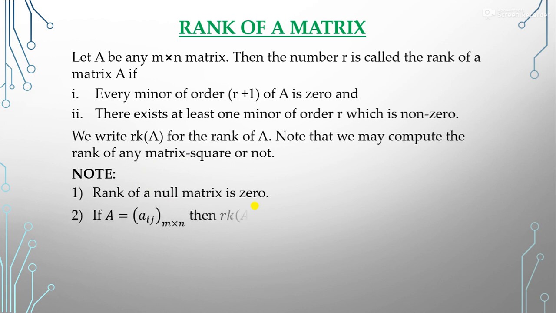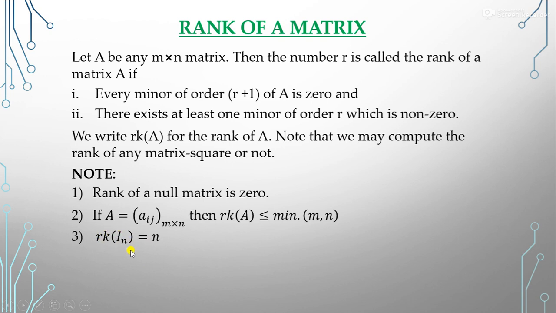Second, if A is an M cross N matrix, then the rank of A is always less than or equal to the minimum of M and N. M is the number of rows and N is the number of columns. Third, the rank of an identity matrix depends on its order.